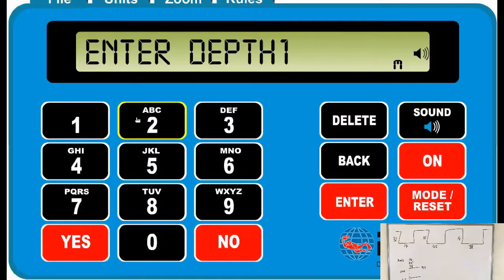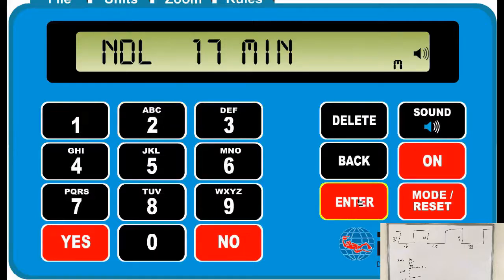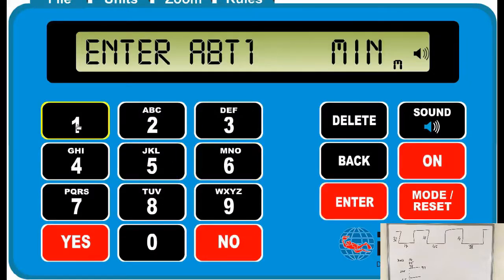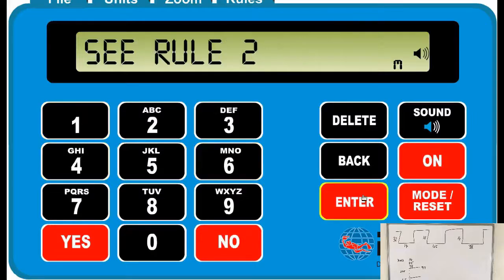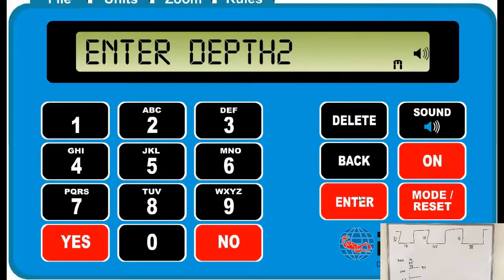Enter the depth of the first dive, which is 32 meters. We can stay there for 17 minutes, but we're only going to stay there for 14. There's a safety stop on the first dive, we can put that in a minute.